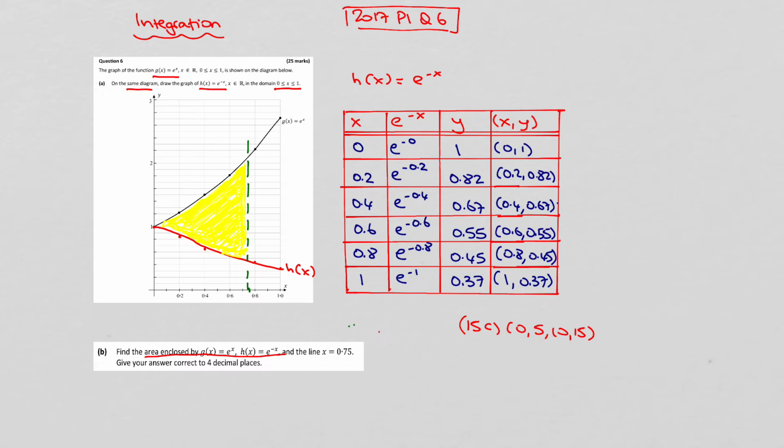Okay, so in order to do that, we need to look at our limits. So clearly the limits are going to be 0.75 and 0. So if we set that up, we have to give our answer correct to 4 decimal places.